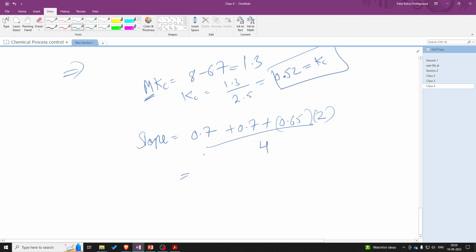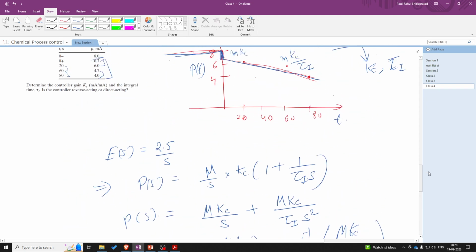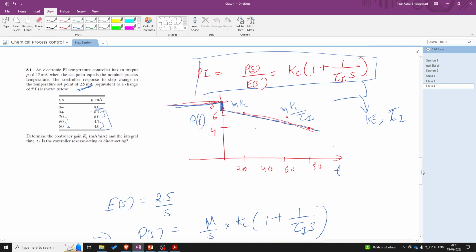So this is basically nothing but a weighted average. So it will become 1.4 plus 1.3 by 4, that is 2.7 by 4. I think this is the same thing you would be getting from here.